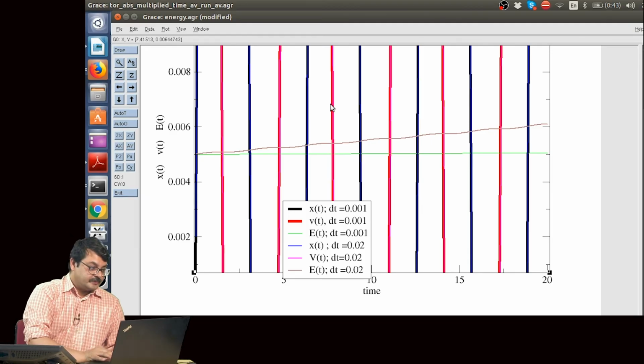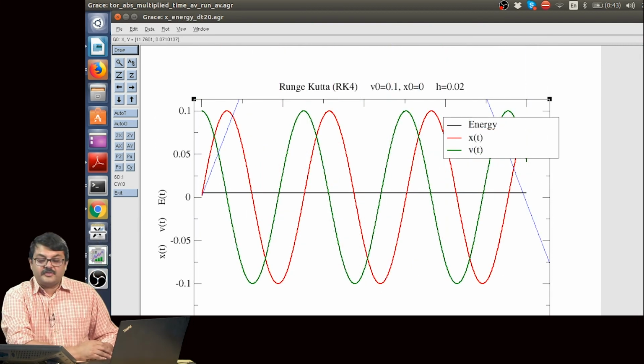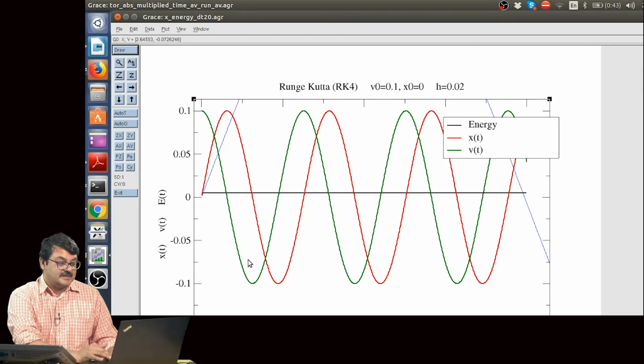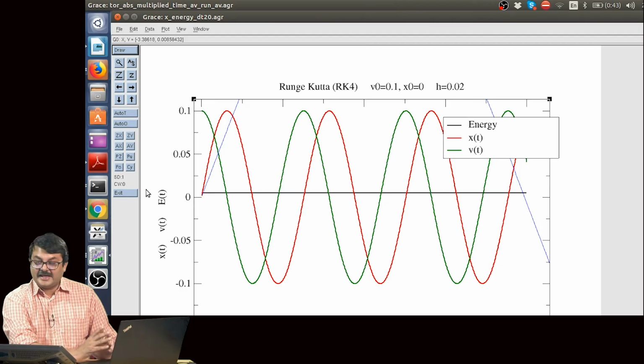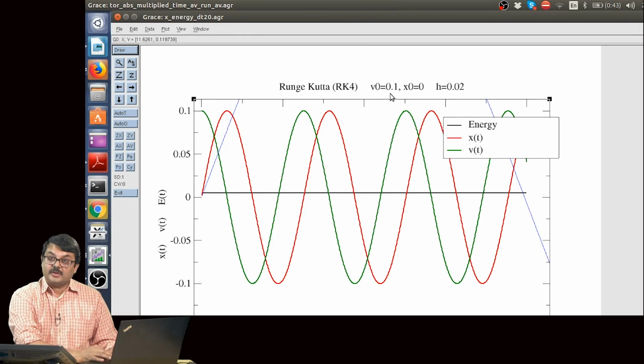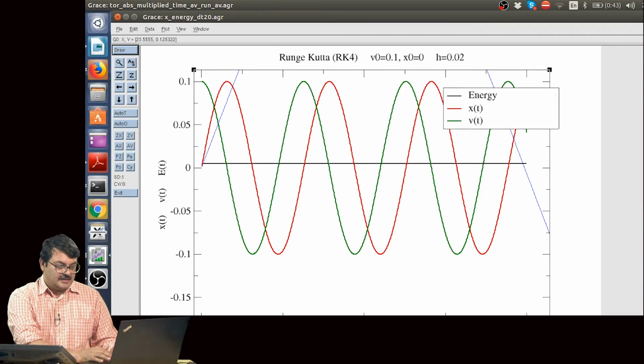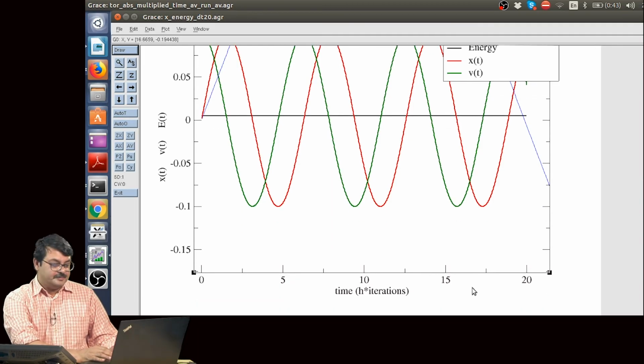Let us see how the Runge-Kutta does. Here what I have done is plotted x versus time, v versus time, and energy versus time exactly as previously, with v 0 equal to 0.1, x 0 equal to 0, and h equal to 0.02. The x axis is labeled time.